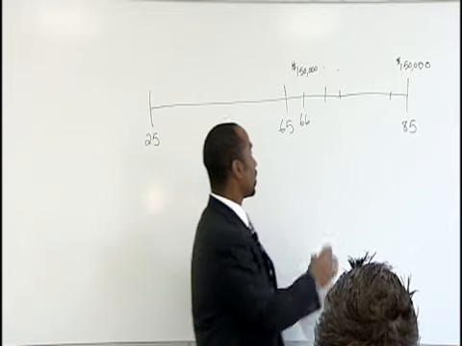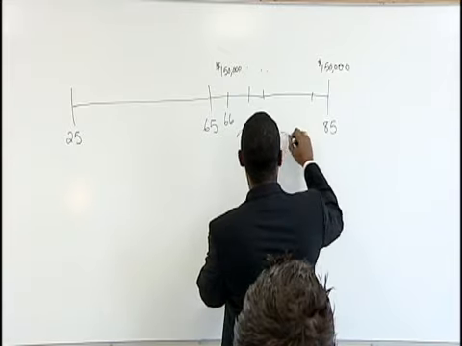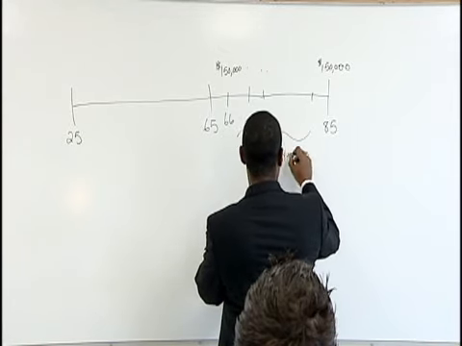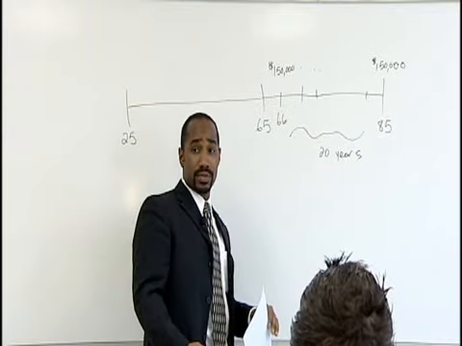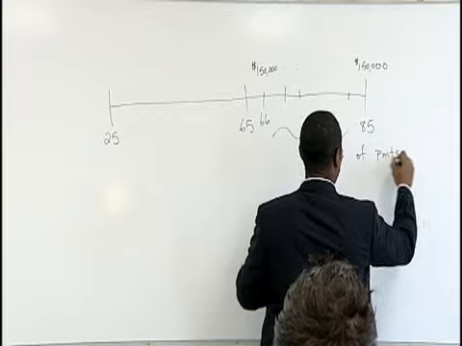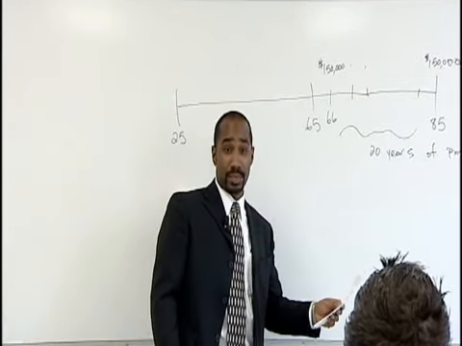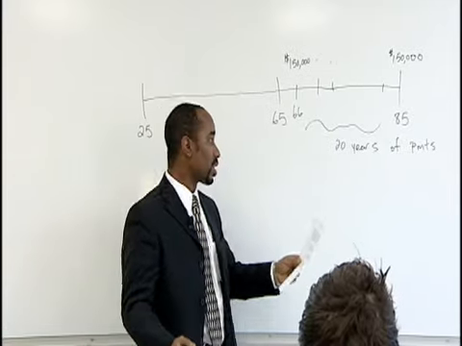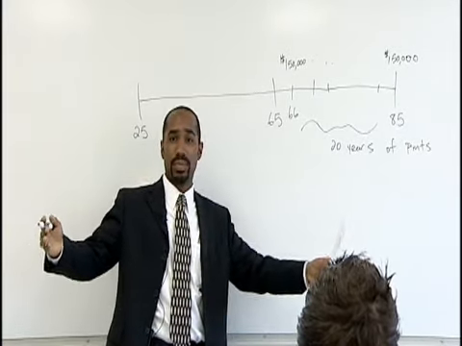Perfect. So we're thinking here 66 to 85. So in this case, we have our 20 years that we're going to withdraw these payments. So 20 years of payments. Our problem tells us that we're able to do it at 9%. Now with the market, as we look back in history, the market does about 8 to 10%.